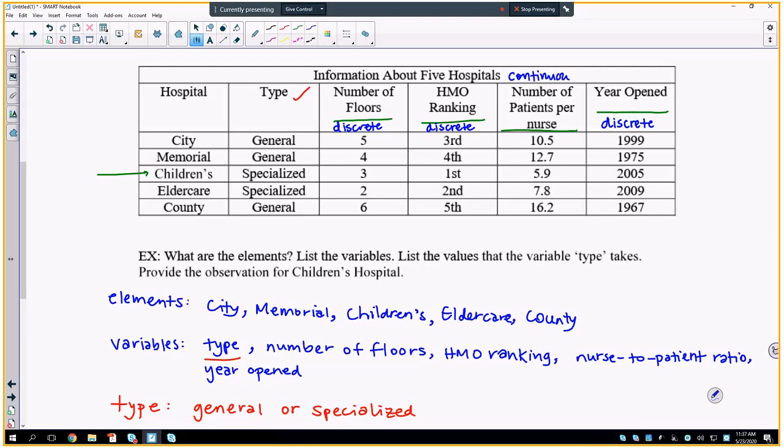And what makes it continuous? Well, it can take all of the numbers in between the whole numbers. So it can be 5.9, or it can be 12.7, and so on. Or it could be 5.99, or 7.87, or infinitely many other numbers that we can't count. So many of them that we can't count.